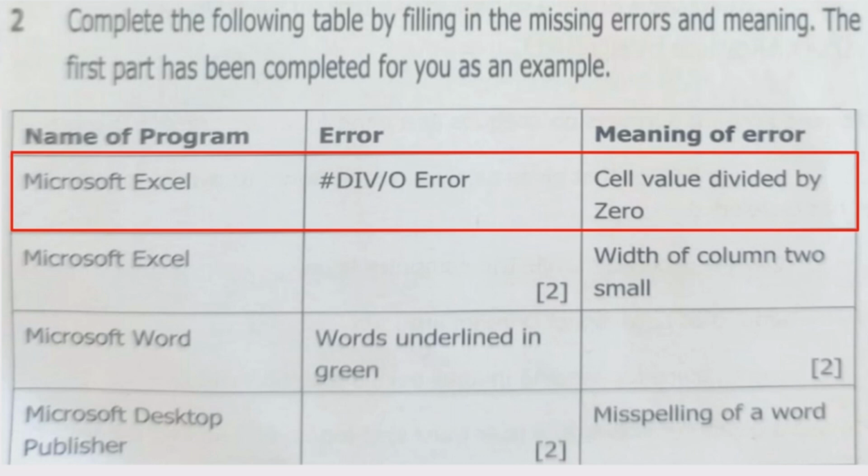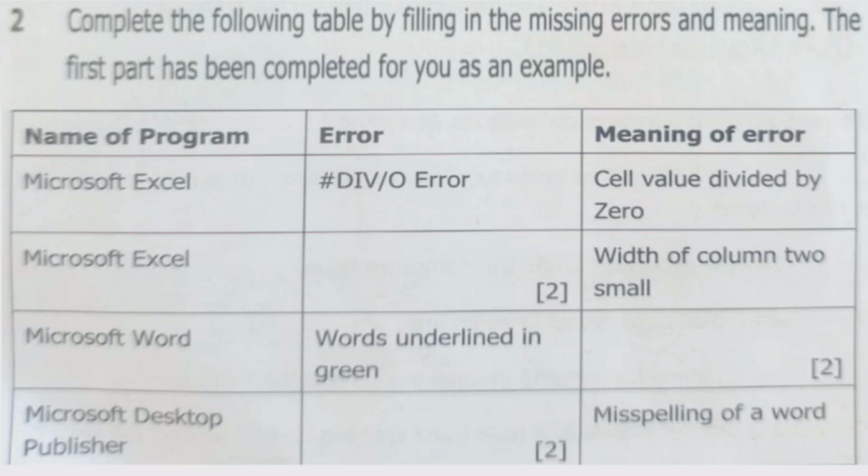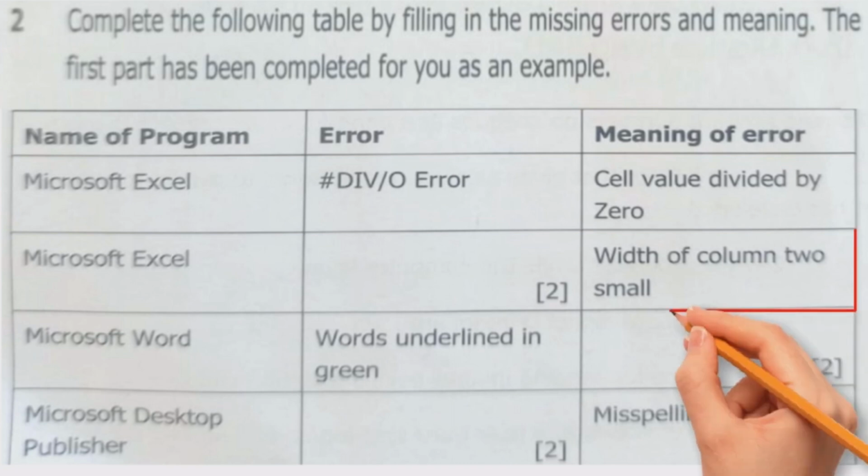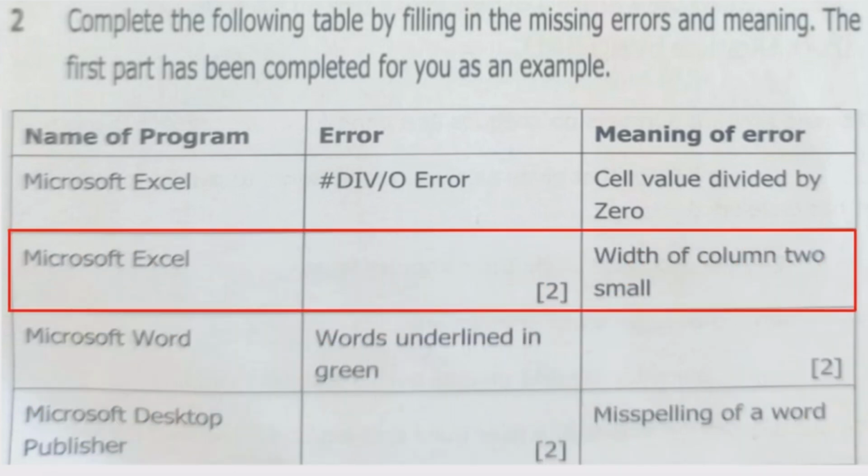Okay, so let's start. The first one is done. Then here on the second row we have got Microsoft Excel. So I'm going to be putting the row that we are working on in a rectangle. Okay, so we say Microsoft Excel, the error.